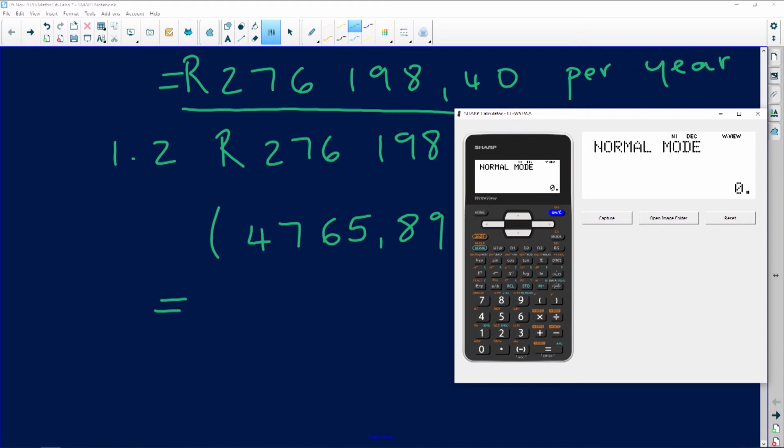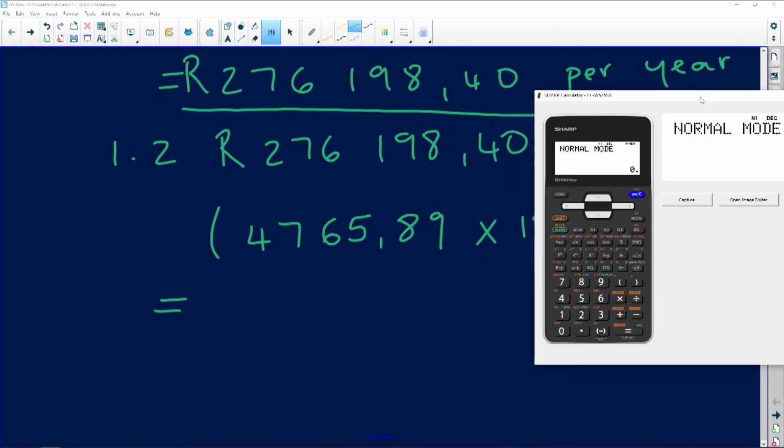I want us to see all of this properly. It's going to be 276,198.40 minus, because we want to subtract, 4,765.89 times 12, because that is the medical aid money that we are talking about. Let's look at how much this person, it reduces the money from 276.